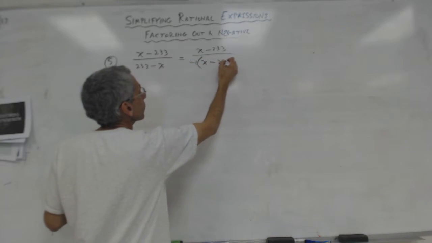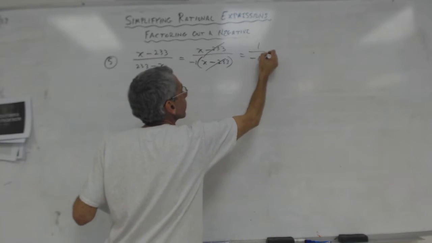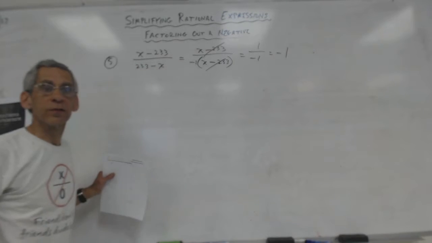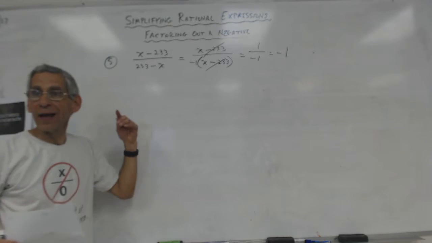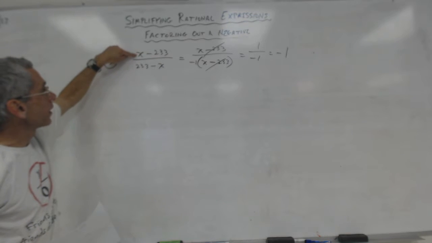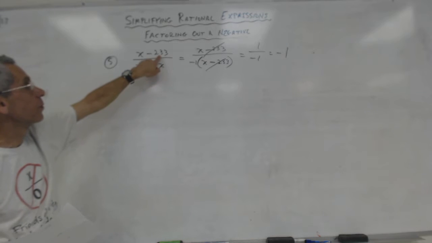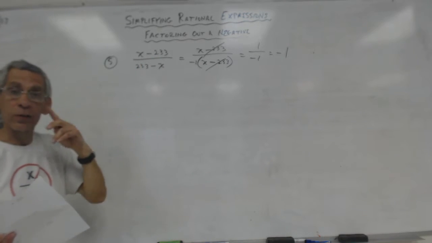As long as the number is the same, x minus blank over blank minus x, it'll always be negative. The only time this works is when they're exact opposites. The x is positive here, the x is negative here. The number is negative here, the same number is positive here. That's the only way this works.